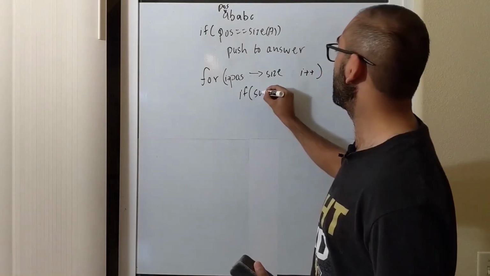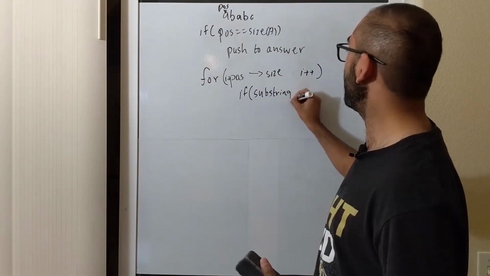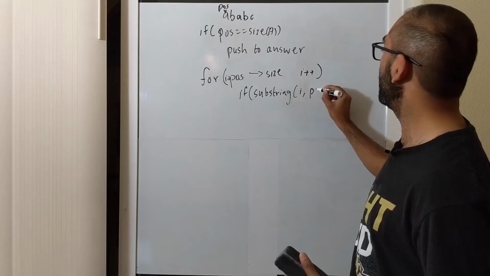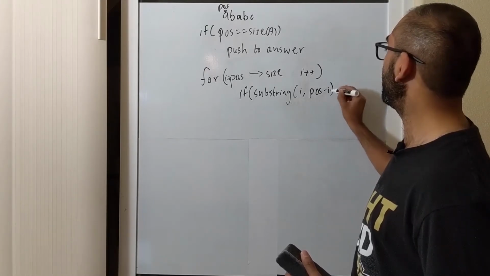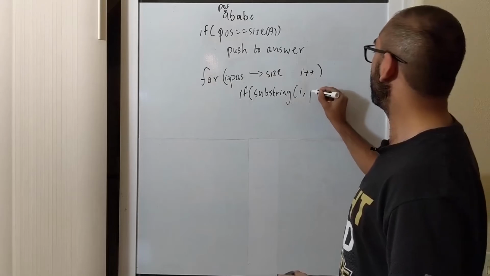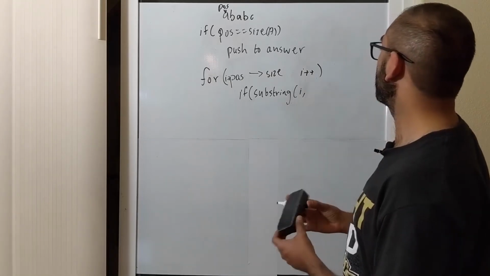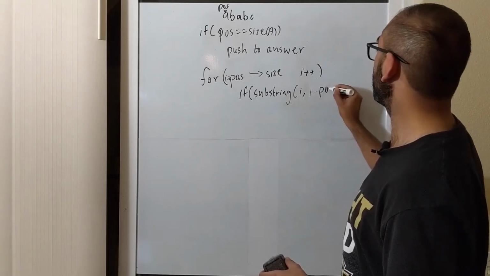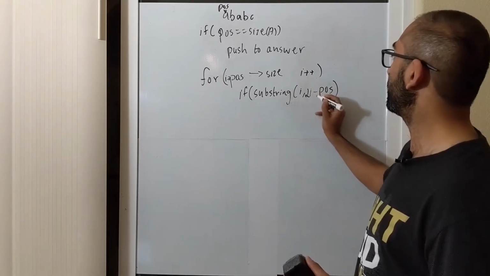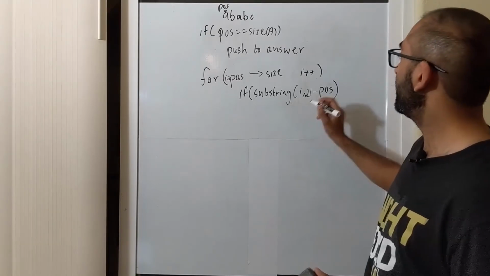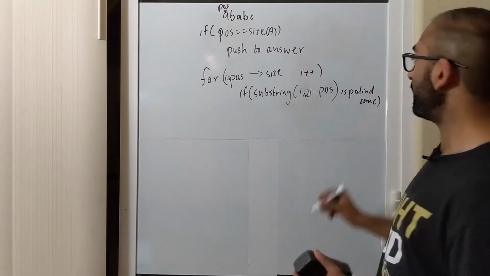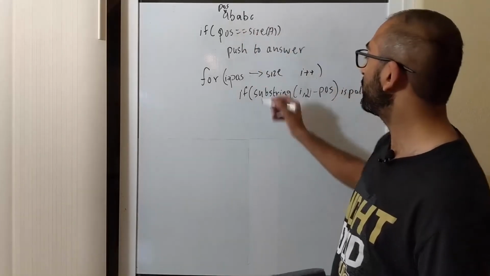So if the substring that is starting from i to pos minus i, starting from i to i plus 2i minus pos, if that is a palindrome, then what do you do?